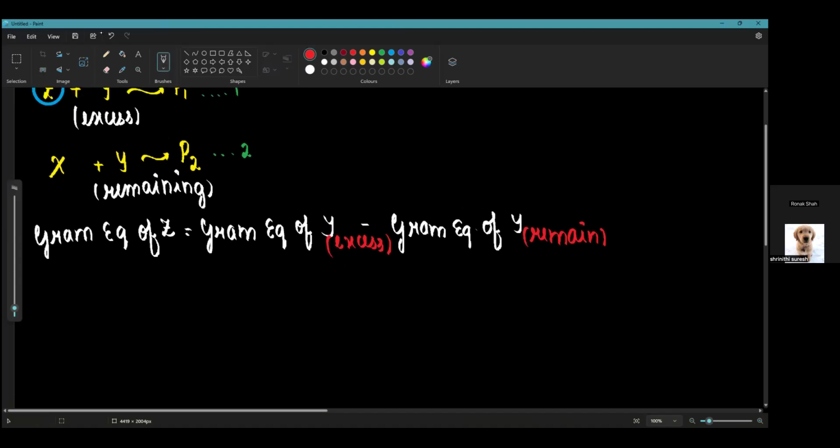Now look at the second equation. From the second equation, you will say that gram equivalence of X is equal to gram equivalence of Y which are remaining.